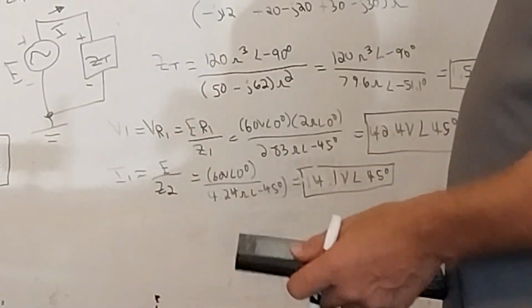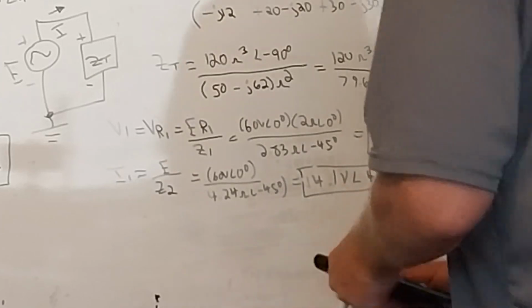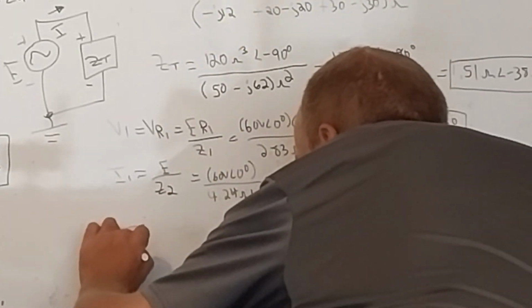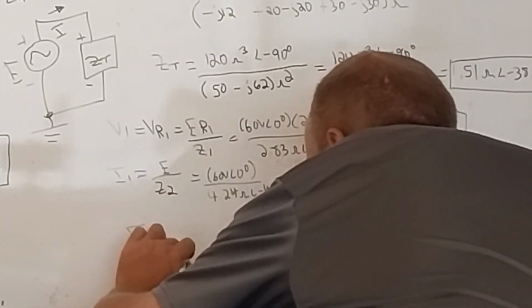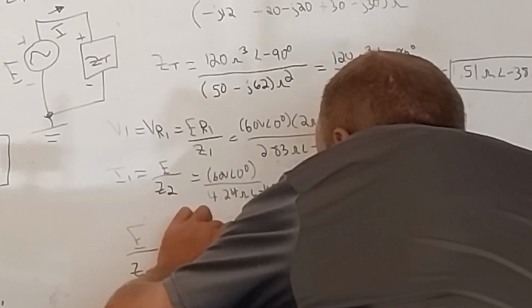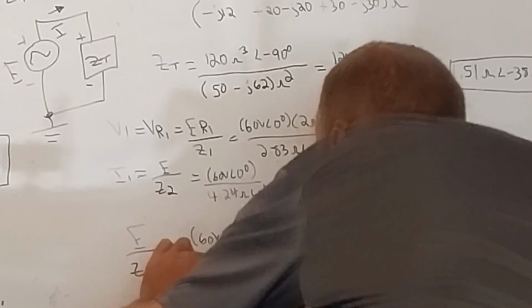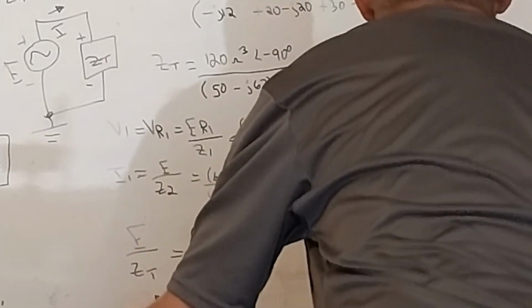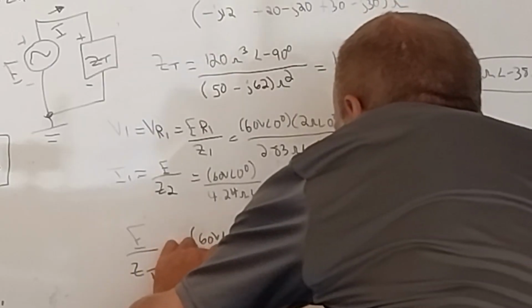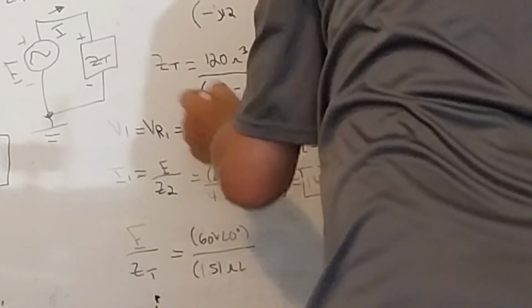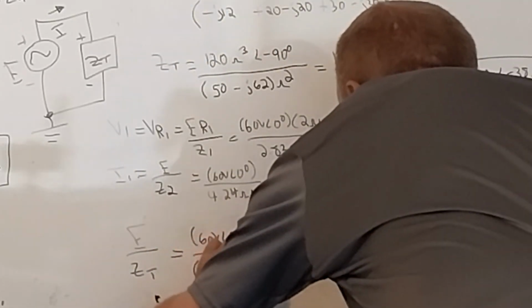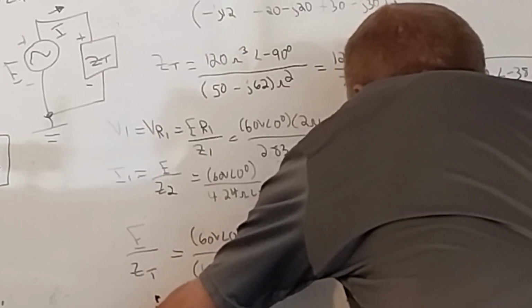And then the final one, find the current IS, the source current. Oh, we could have done that in the beginning. That's E divided by Z sub T. 60 volts at an angle of 0 degrees divided by, what was that, 1.51 ohms at an angle of negative 38.9 degrees.